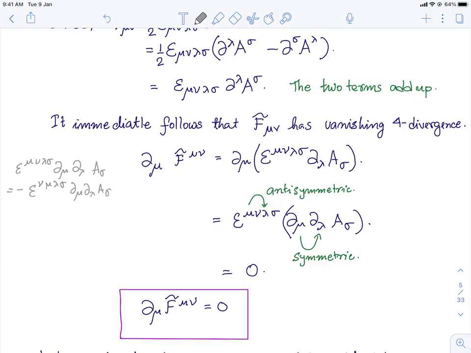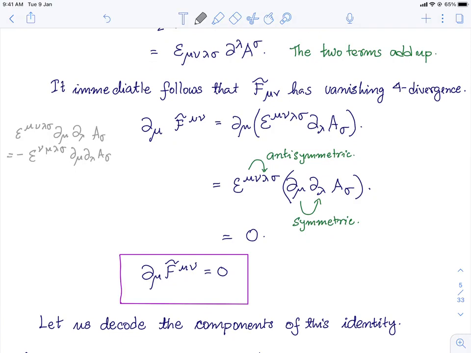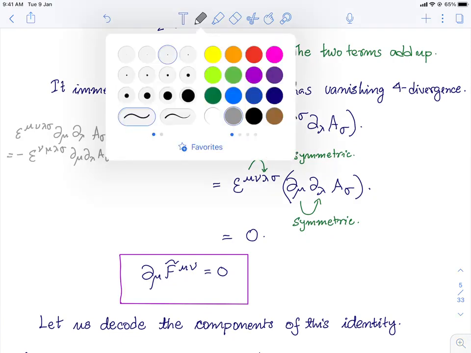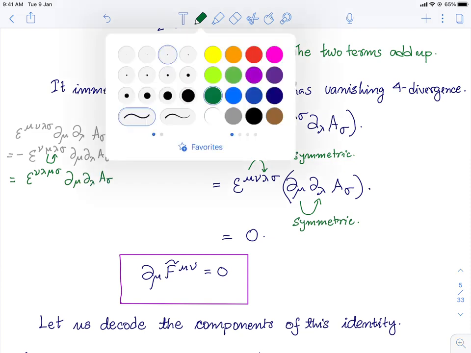I have pulled the sign outside, and so now if I look at this quantity, the first step is I exchange mu and lambda. If I exchange mu and lambda, then I get a sign. I can write nu lambda mu sigma, and the sign comes because of the exchange of mu and lambda, right?